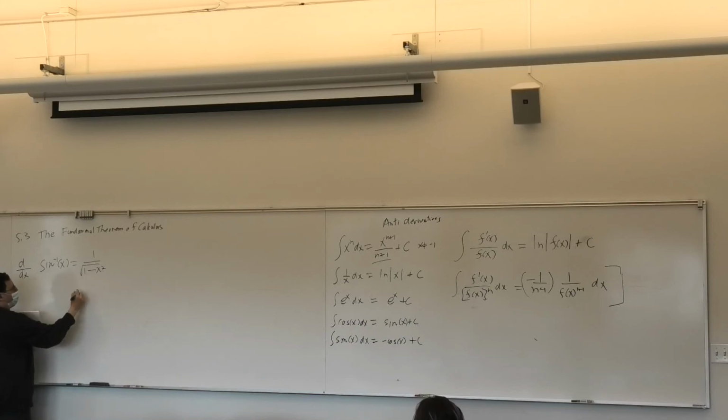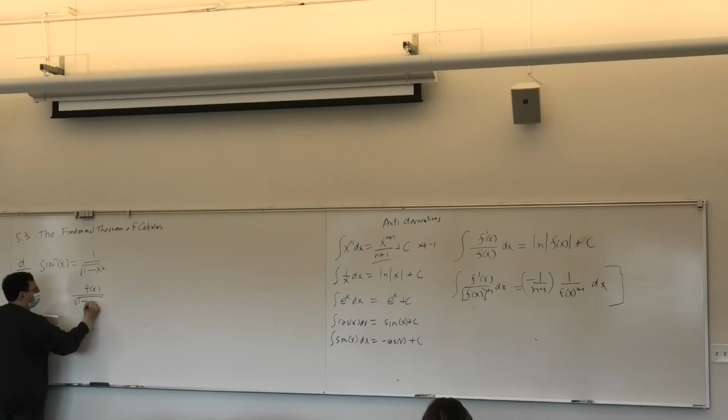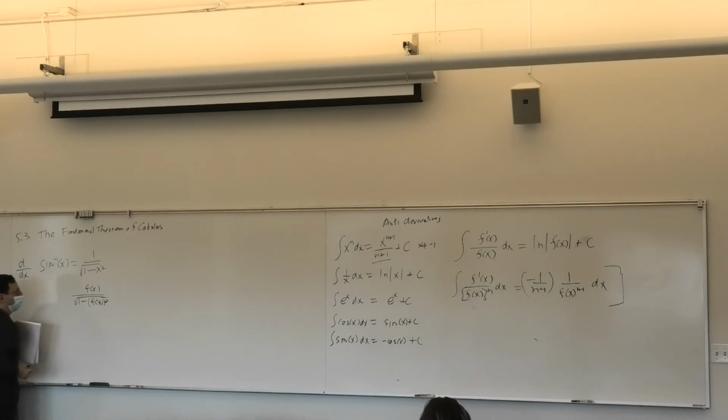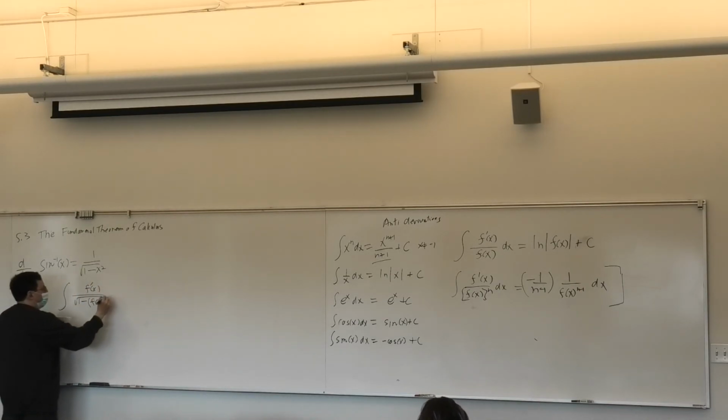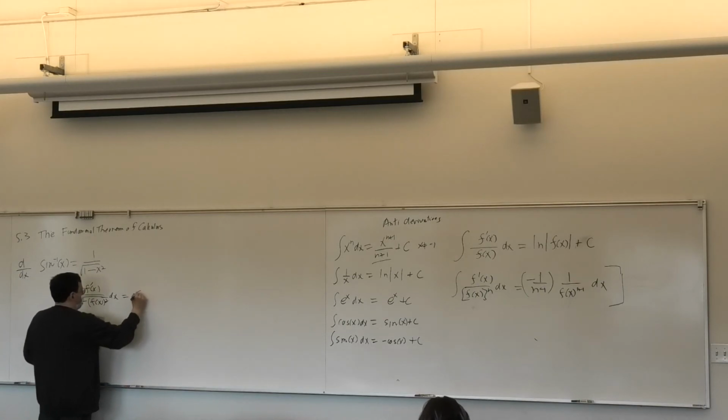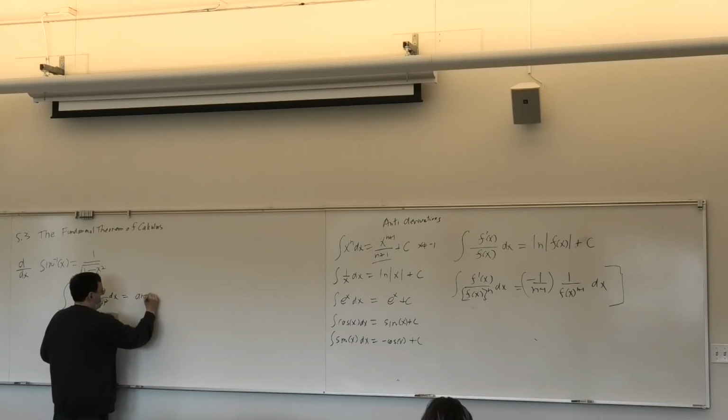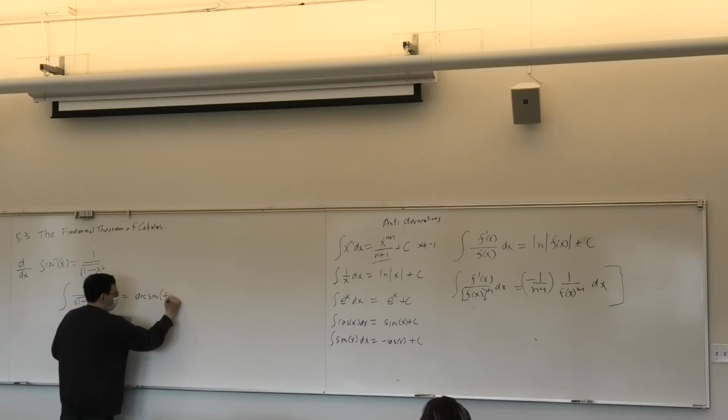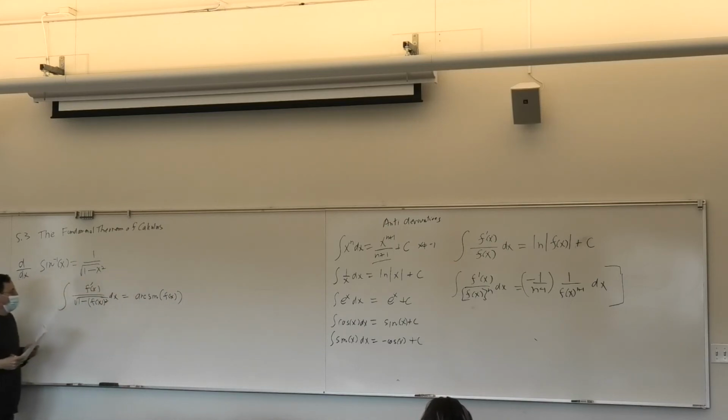So if instead I had f prime of x over the square root of 1 minus f of x squared, let's check that out.